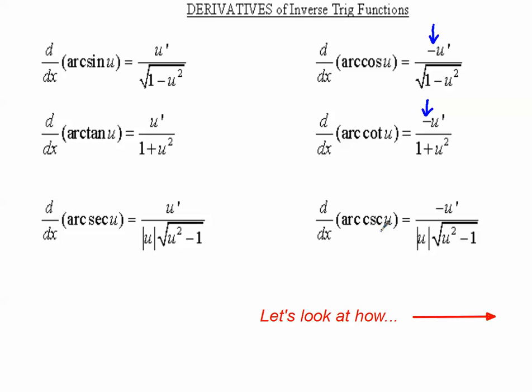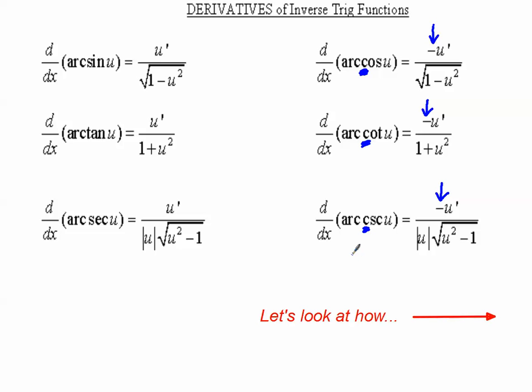And arccosecant of u is the same but negative. So all of the co's are negative. Memorize the first 3 and you'll know the second 3 because all the derivatives of the co-functions are negative. That even goes with the not inverse trig functions.